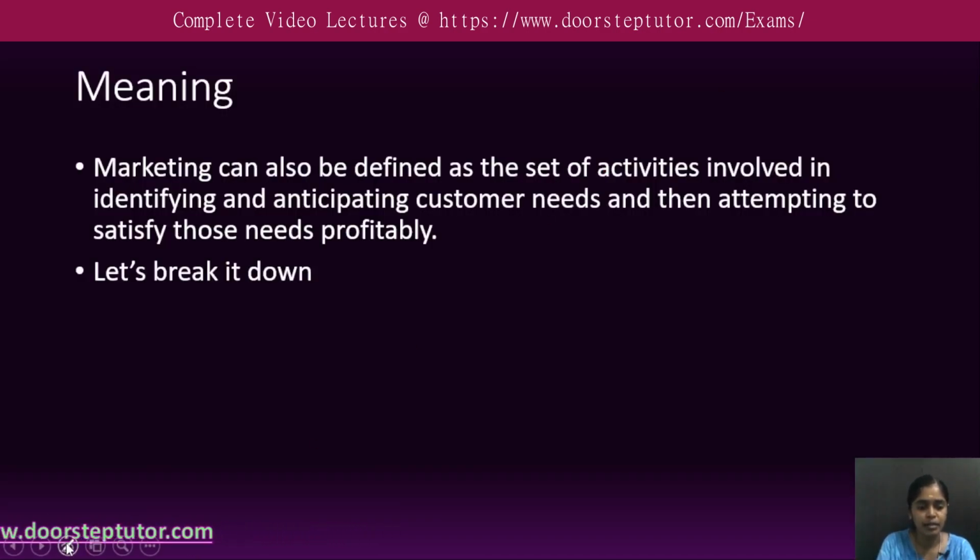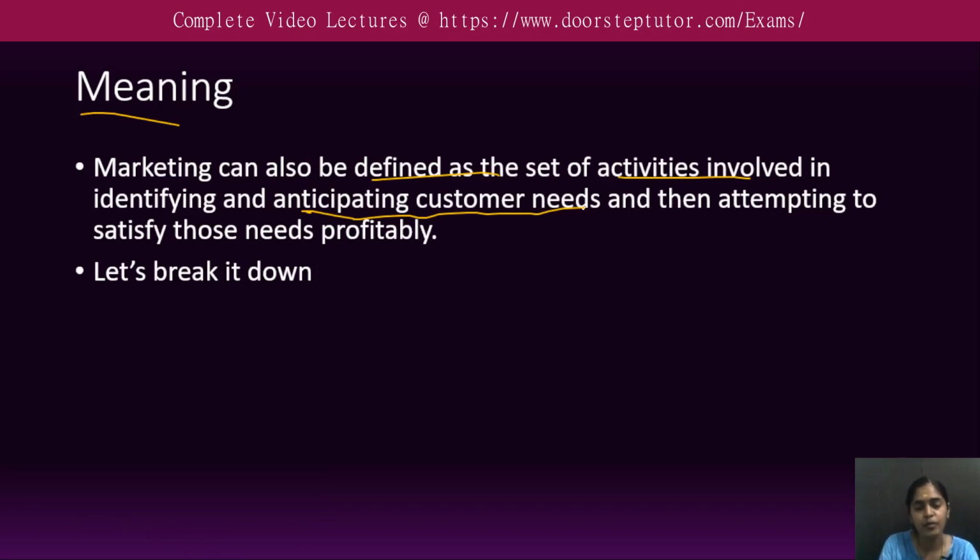Let's understand the meaning of marketing in this slide. Marketing can also be defined as a set of activities involved in identifying and anticipating customers' needs. You will not anticipate the customer's need at the point where it is to be sold, because the product has to be produced first.